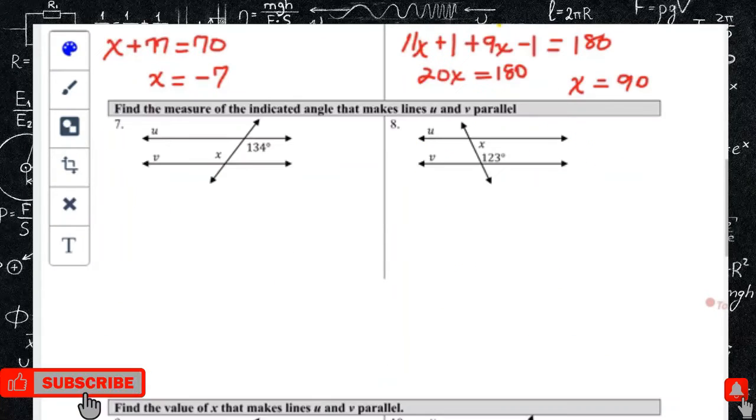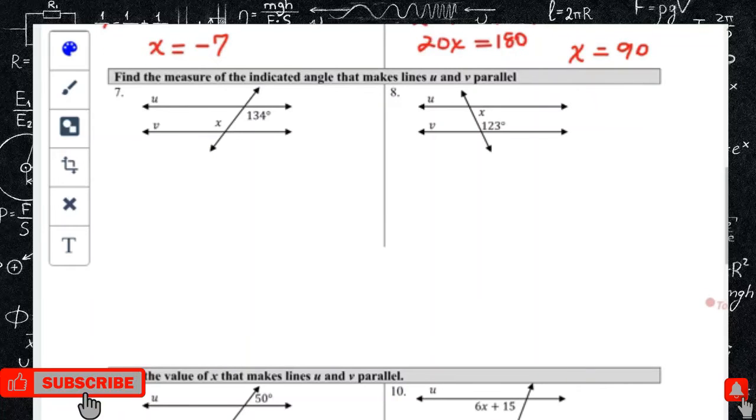We have find the measure of the angle that makes the lines parallel. So it's written differently, but our calculations will work the same way because we know when the lines are parallel, our theorems and postulates work, right?